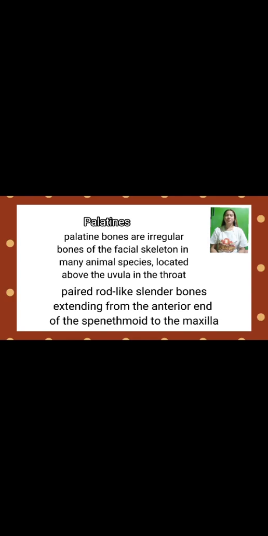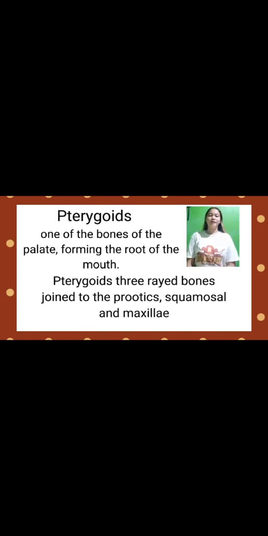Located above the uvula in the throat, palatines are rod-like slender bones extending from the anterior end of the sphenoid to the maxilla. Pterygoids are one of the bones of the palate forming the roof of the mouth. Pterygoids are three-rayed bones joined to the prootic, squamosal, and maxilla.